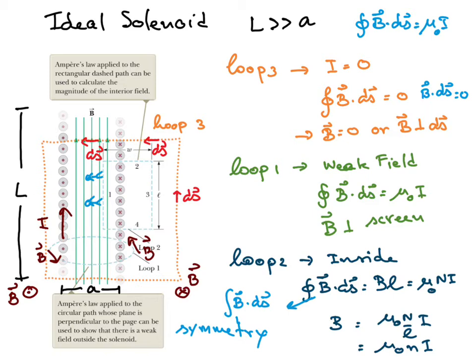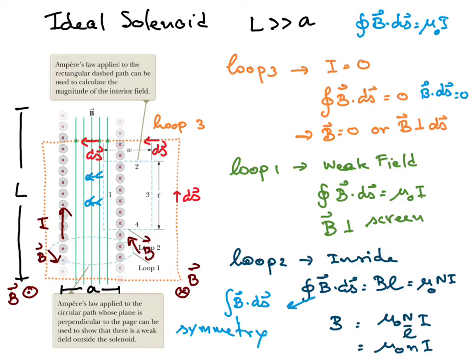Remember that we are interested in the region near the middle of the very long solenoid, not near the top or the end of the solenoid. So if you look at the current, you must see the same picture everywhere. So the magnetic field on this segment number 1 must be the same everywhere on this path, right?